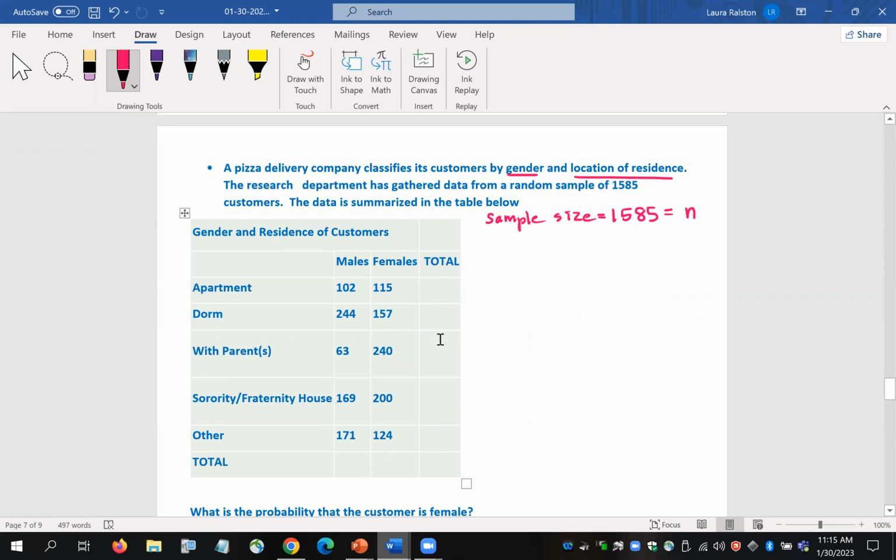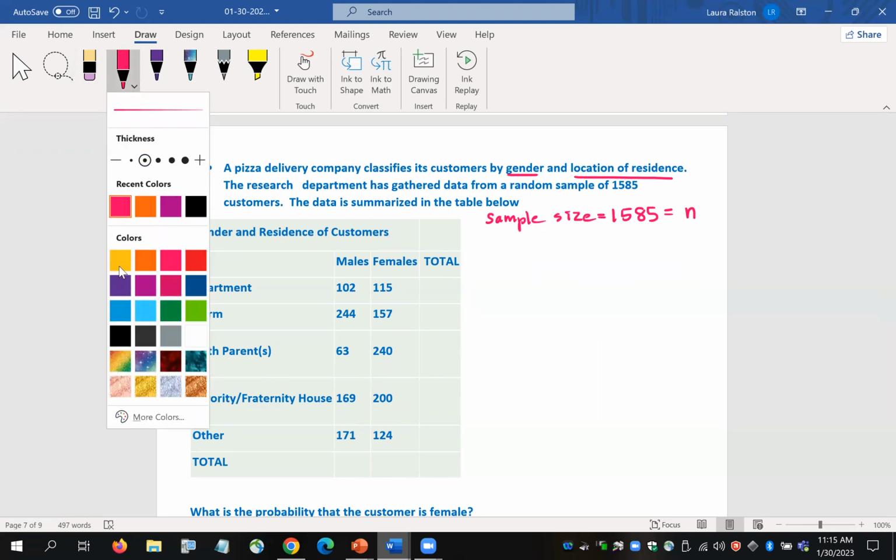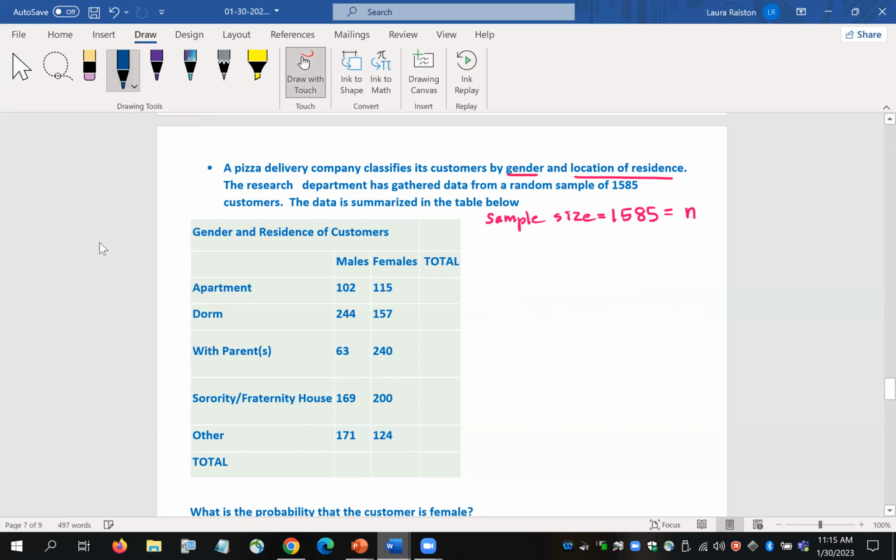Now, one thing they haven't done here is they didn't total these out for me. So that's where I may want to have a calculator so that I can total the values together. So I'm going to total the rows first. For apartment, I would have 102 plus 115.